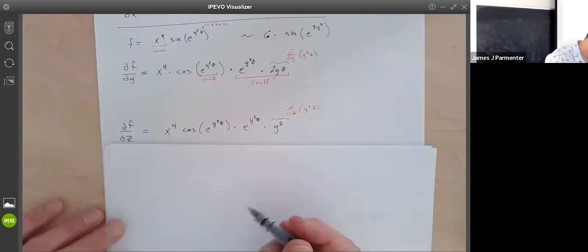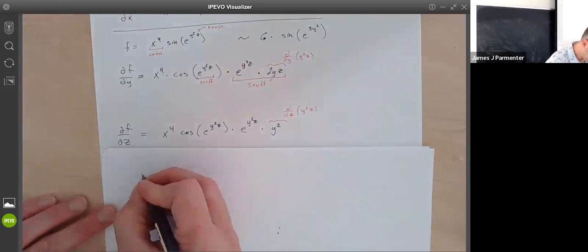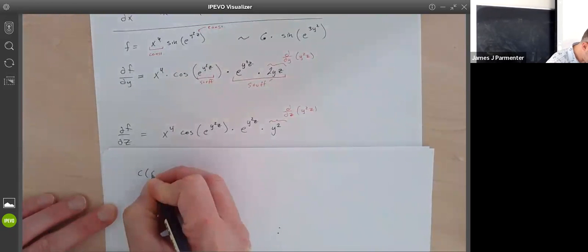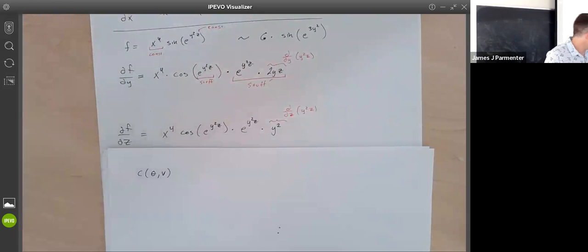So here's problem 44. I'm going to read it. If an antibiotic is administered to a patient at a constant rate through intravenous supply and is metabolized, then the concentration of antibiotic after 1 unit of time is, so we've got the concentration at theta comma v. I don't know what theta and v stand for yet.